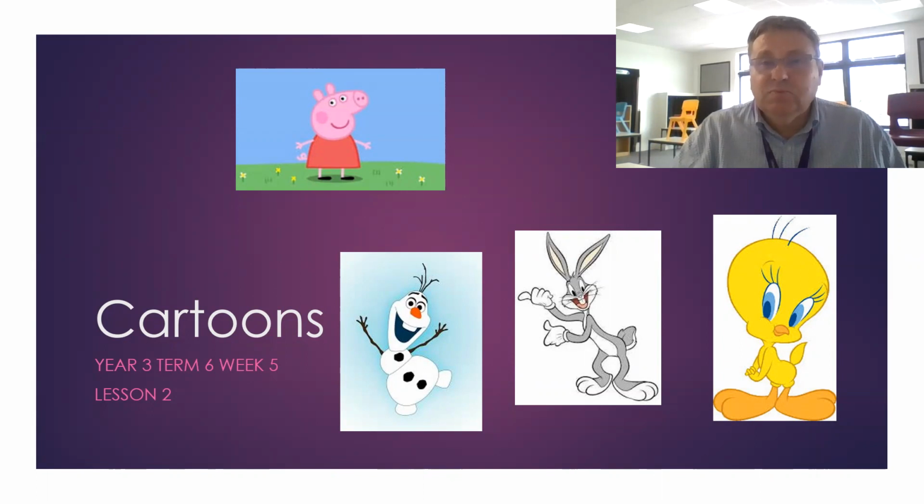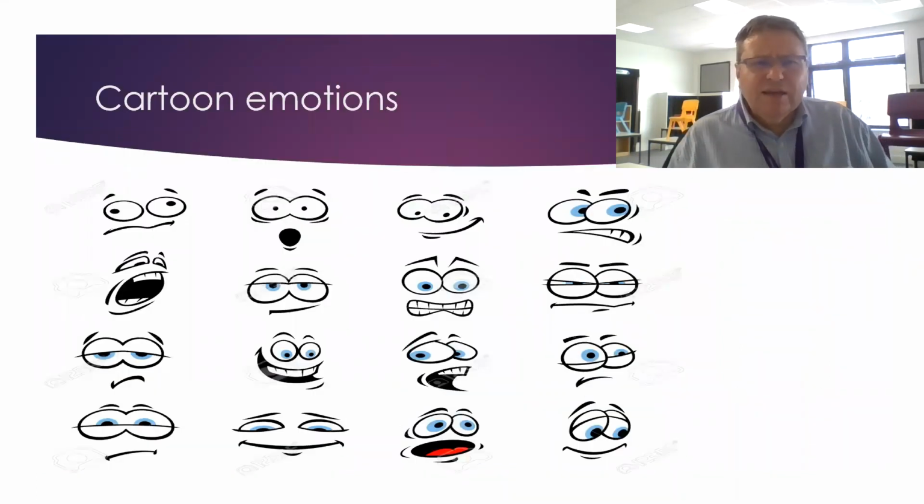So to begin with, I want you to look at these very simple cartoon drawings of faces. All it is, eyes, mouth, eyebrows, and very little else. There isn't even a nose on these characters, and yet, just by looking at them, you can tell exactly what the person might be thinking or feeling.